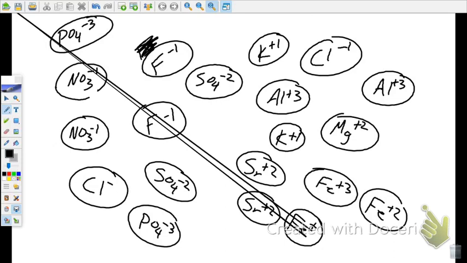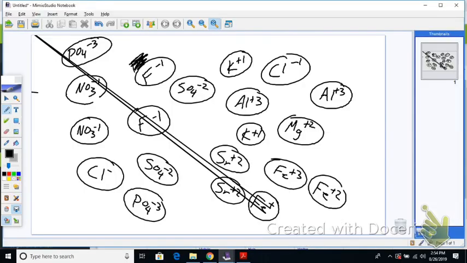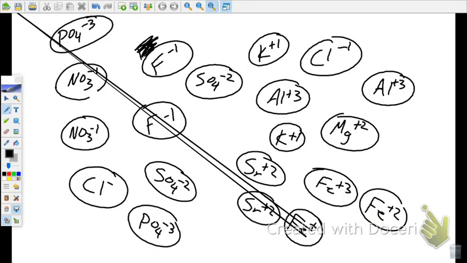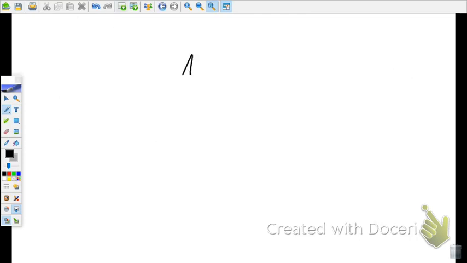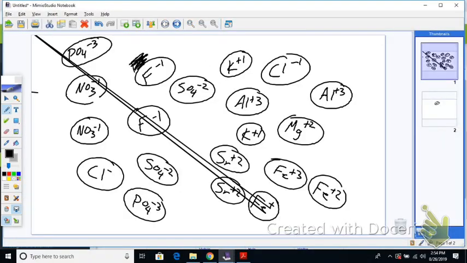Okay, so we take aluminum. Aluminum is a +3. What do you want to match it up with? PO4.